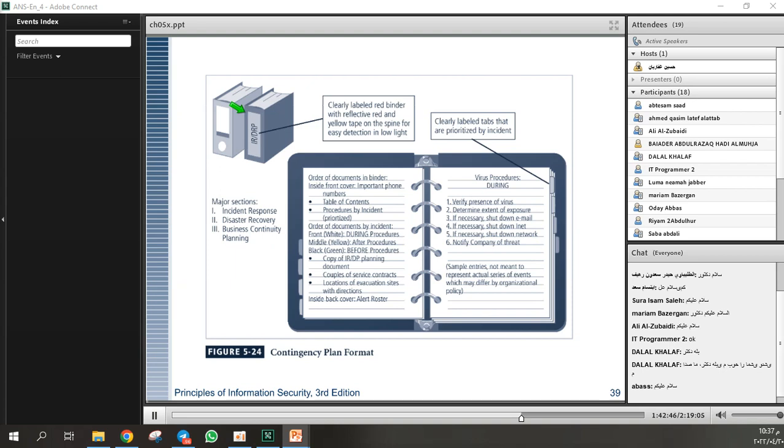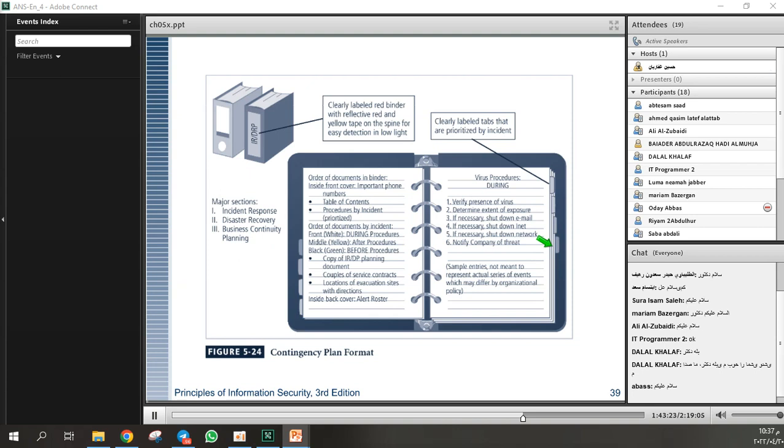This label must be in reflective red, with yellow tape. Why? Because, for example, if at night, in the dark, in a case with low light, I try to find this notebook, using yellow tapes with reflective red, reflective colors and something like that, I can find it easily. It's very important. I should find this document very easily.